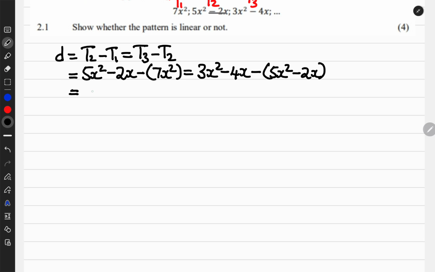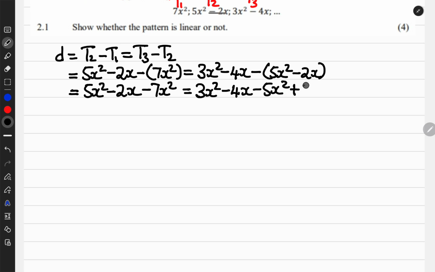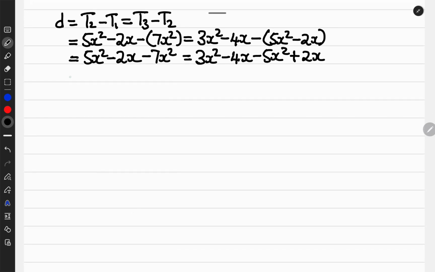Okay, we're going to have 5x squared minus 2x minus 7x squared. Then there we're going to have 3x squared minus 4x minus 5x squared plus 2x.